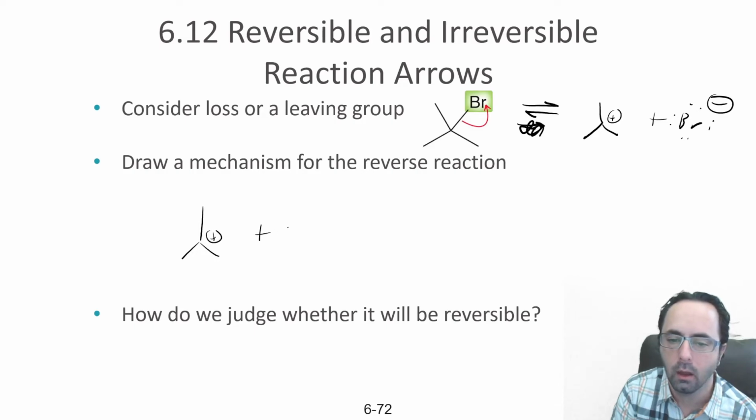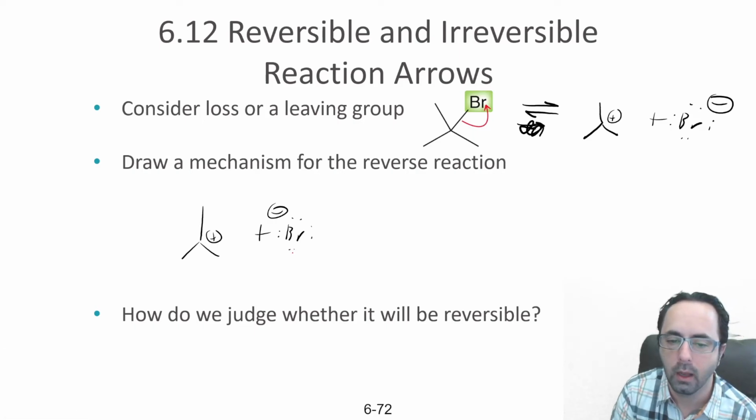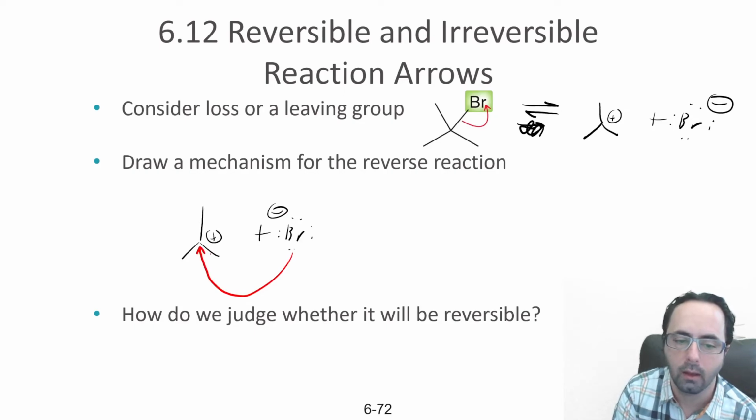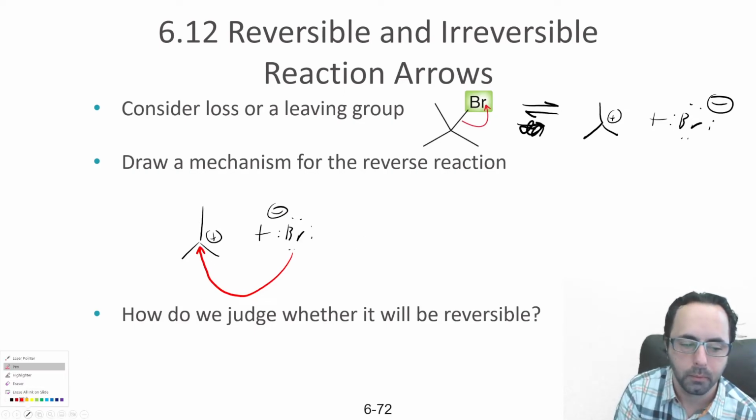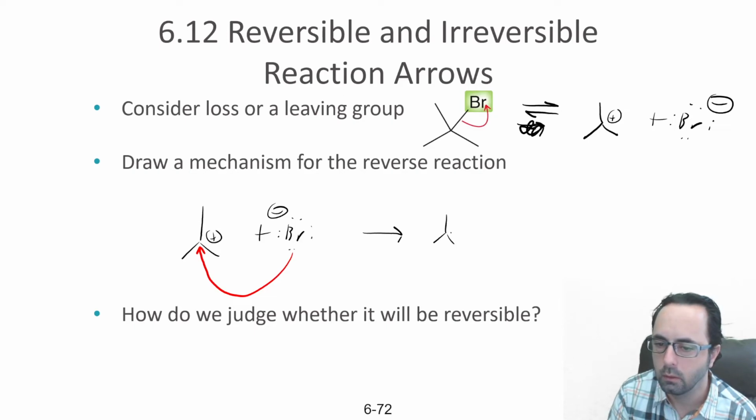It would be quite spontaneous. Here the reverse reaction would be a nucleophilic attack, of course. That said, a reversible arrow is appropriate here.